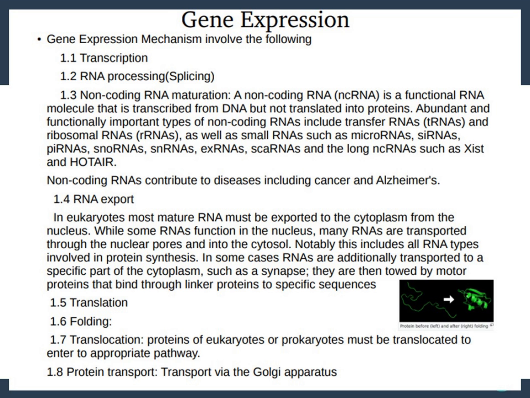Then translation. We know translation is the process of converting the information from the nucleotide sequence in RNA to the amino acid sequences that make a protein. Then folding, which is often used synonymously with the term structural motif, but typically used to connote large regions of similar secondary structure found in two or more proteins.